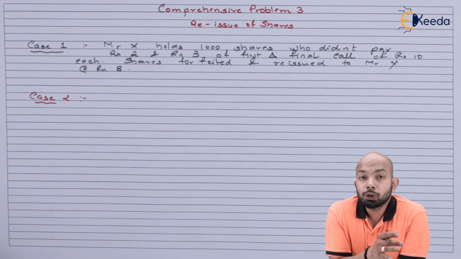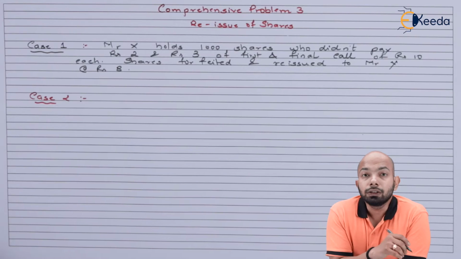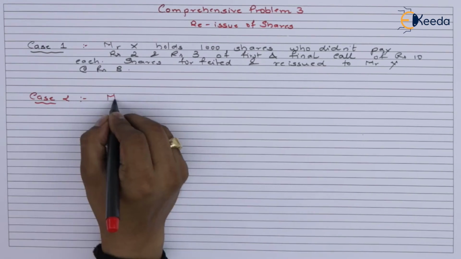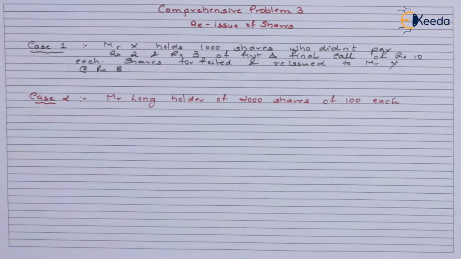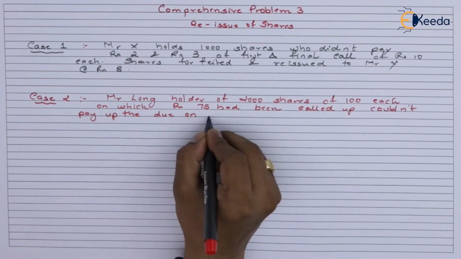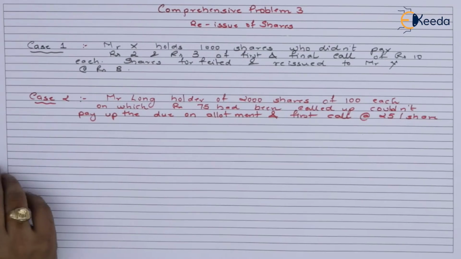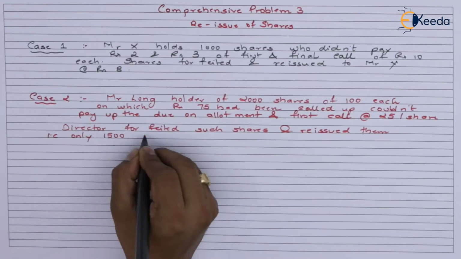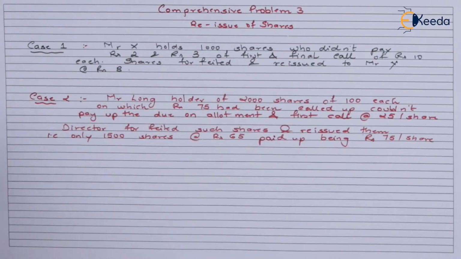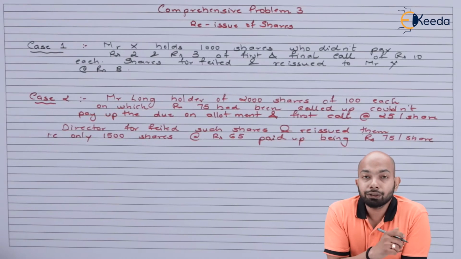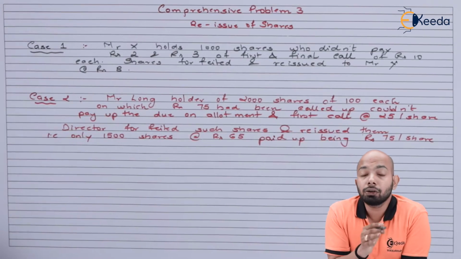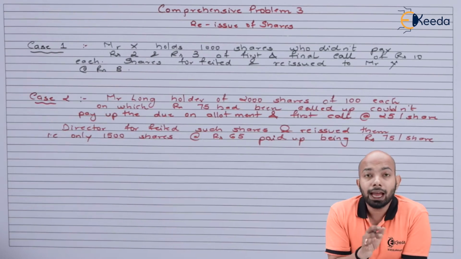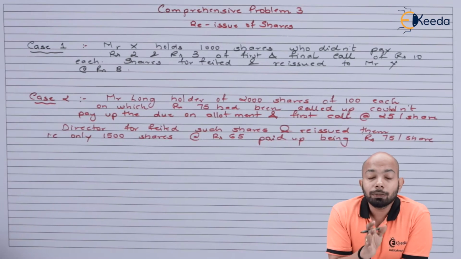Now, case 2 will refer to Mr. Long, who was the holder of 2000 shares here. Now, the second and the last case that we have to discuss here is about Mr. Long, who had around 2000 shares with him and he couldn't pay the allotment and first call money being rupees 25 per share.